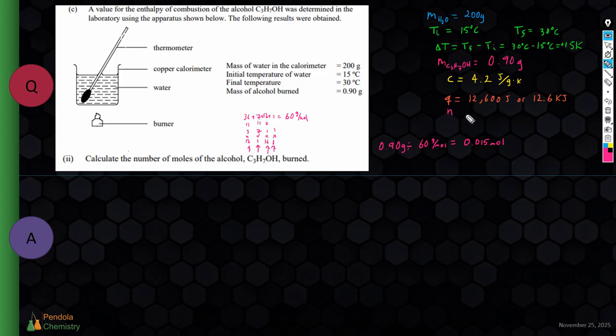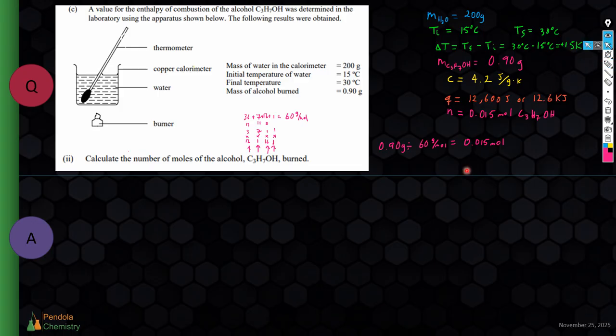So the N here is 0.015 moles of C3H7OH. Now, this is a very simple, straightforward problem, right?